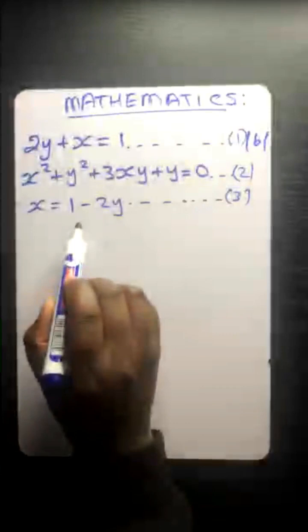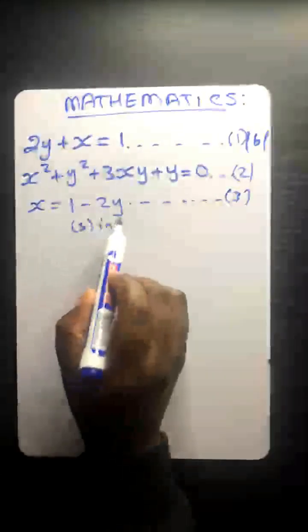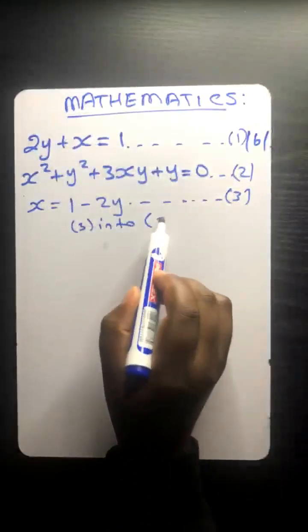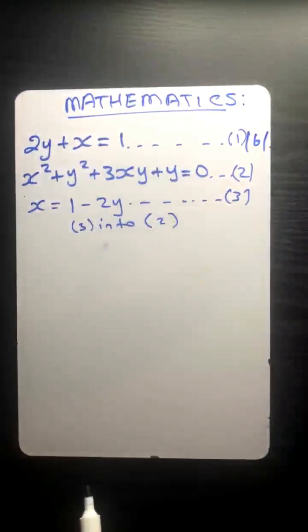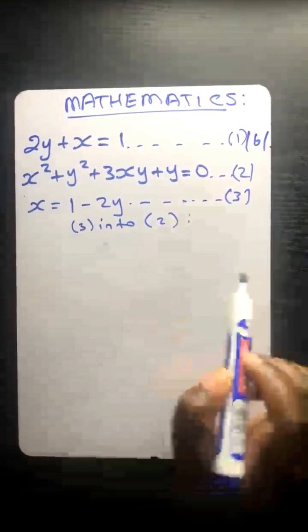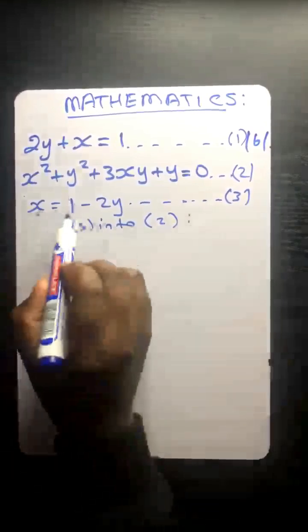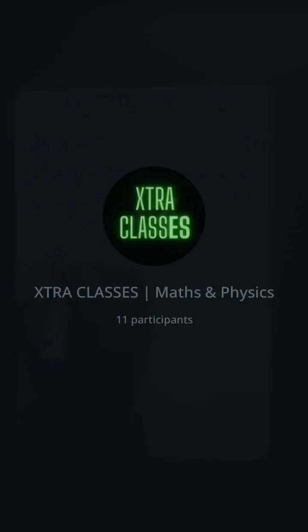Then this is where you say, I'm going to take that equation number 3 and substitute into equation number 2. So that means where you see x, you are going to substitute the whole of that as it is.